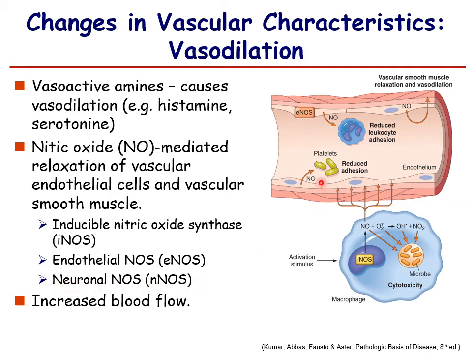So basically, there are different sources of nitric oxide synthase that contribute to the relaxation of endothelial cells and vascular smooth muscle transiently. This is temporary, transiently allowing the vasculature to dilate and allowing increased blood flow.